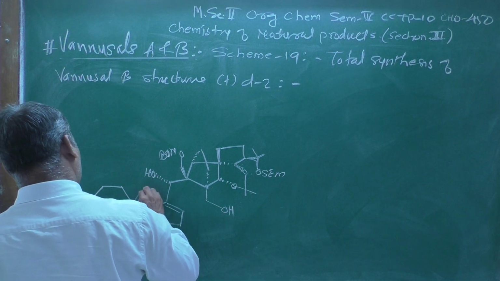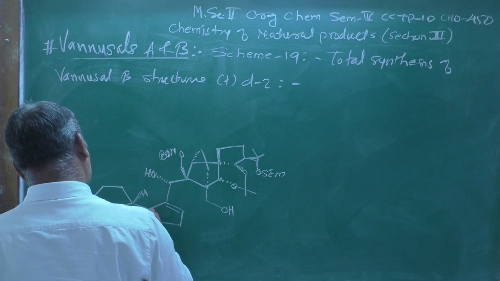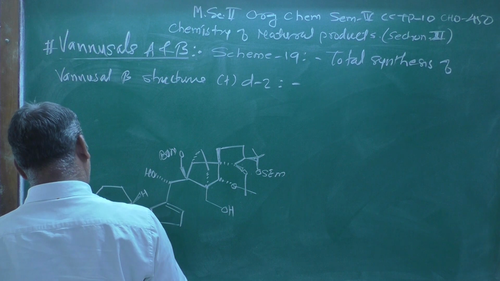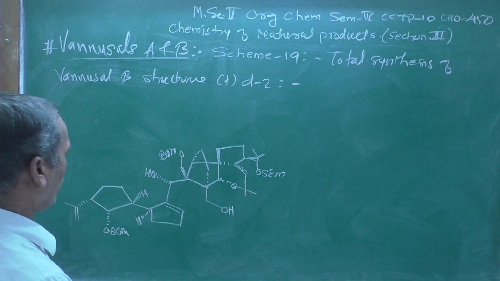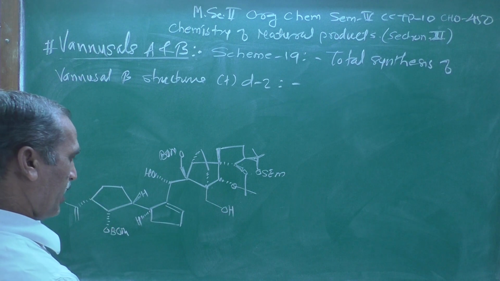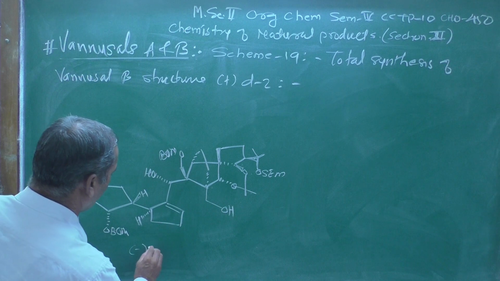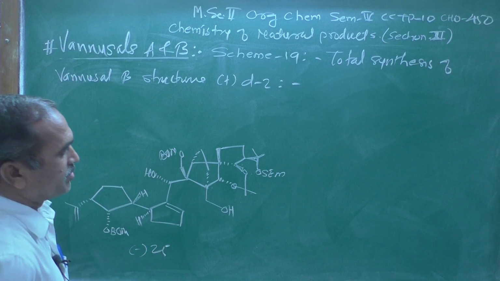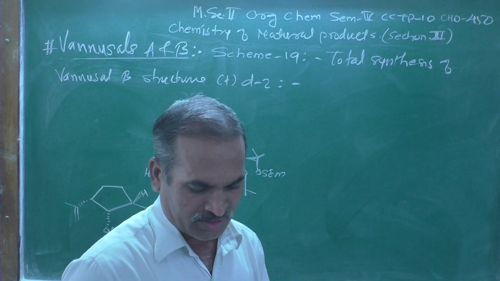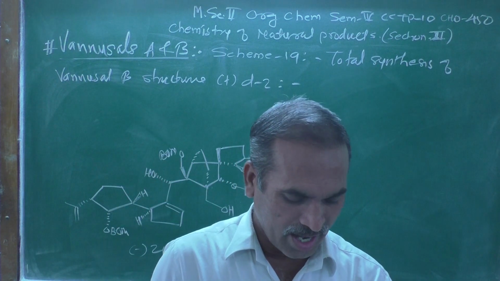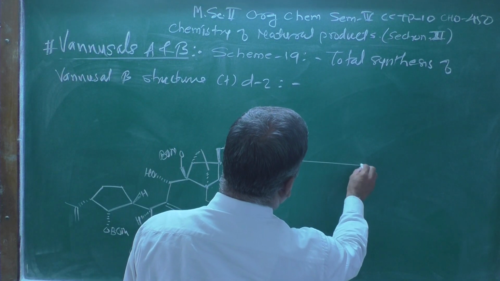The hydrogen atom at this corner remains above the plane, as well as the hydrogen atom at this corner point remains below the plane, and this is the structure number minus 25. Observe this structure carefully.